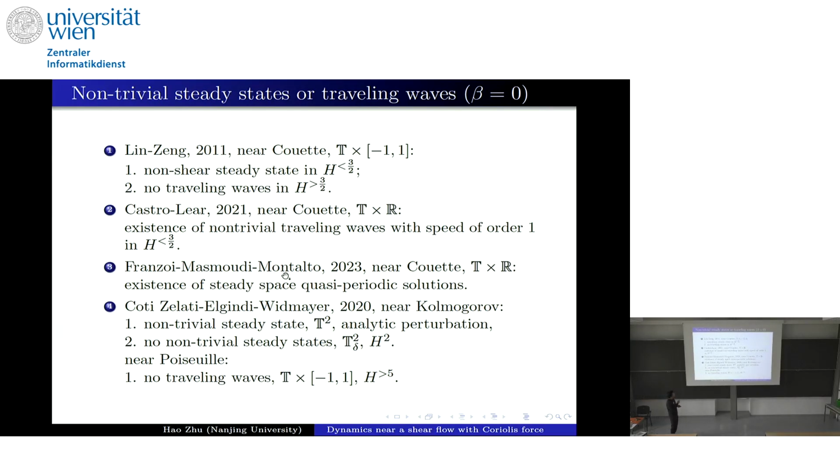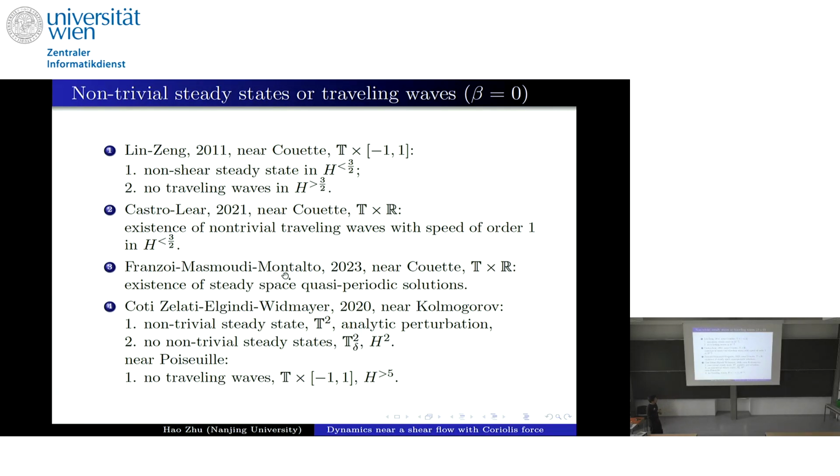And for the other shear flows, the first three are for Couette flow. For the other shear flow, for example, for the Kolmogorov flow, the profile is sine. If they consider the domain in a square torus, then the linearized equation has a zero embedded eigenvalue, so for any perturbation, no matter what the regularity is, there is a non-trivial steady state.